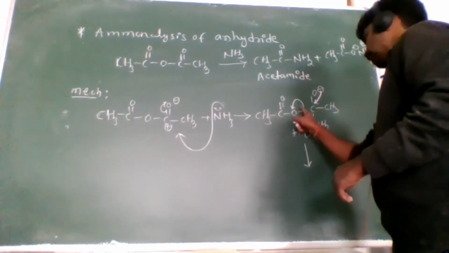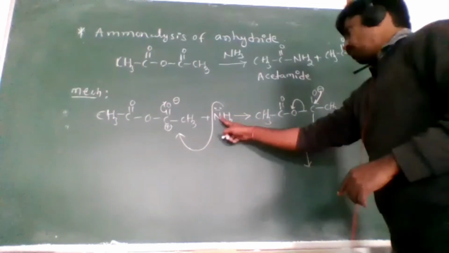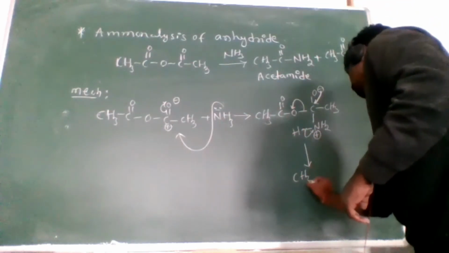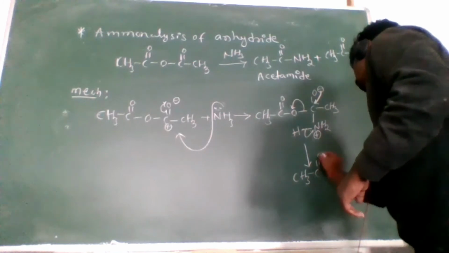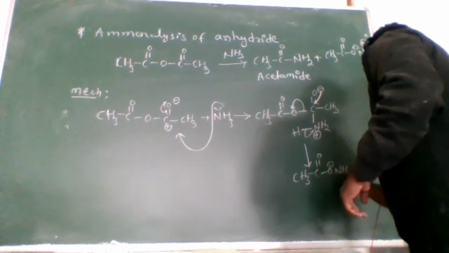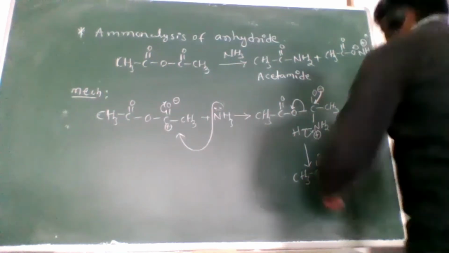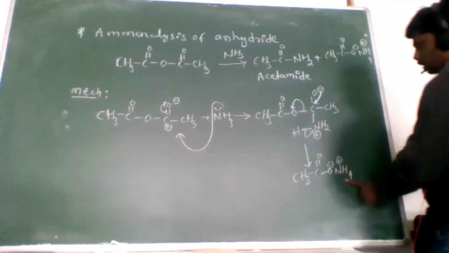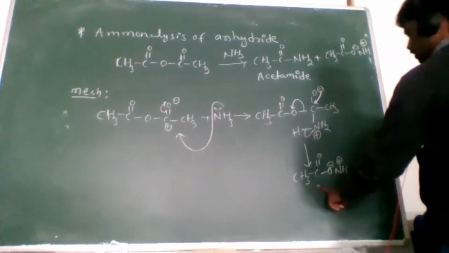Right. Finally, CH3COO minus, this H plus and this NH3 bond together. What is the formation? CH3 C double bond O minus NH4 plus. What is that name? Ammonium carboxylate. Right. This is the second component.